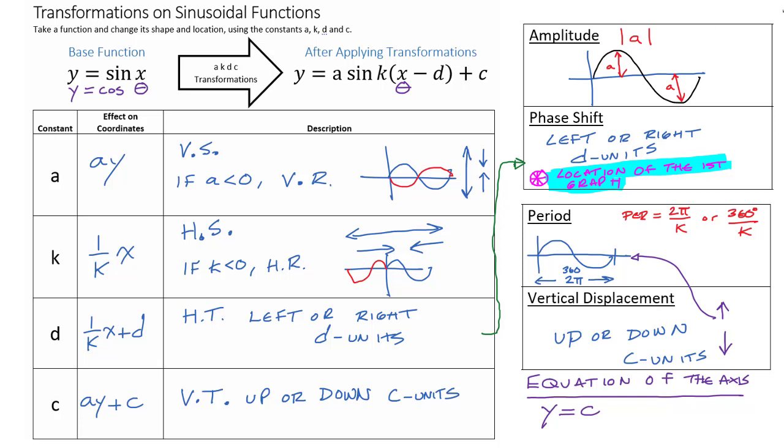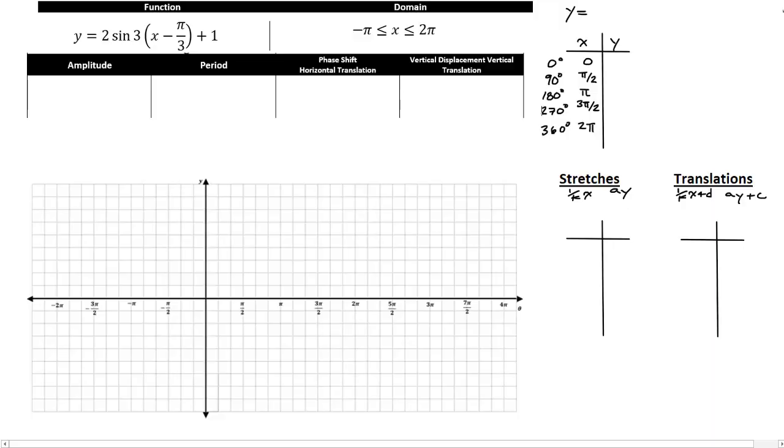Okay, so let's check it out. Let's do some examples. I'm going to walk through a few examples. And like I've been saying, it's the same transformations as before, so if you feel pretty comfortable with those, it shouldn't be a big departure from what we've done before. All right, so first, let's identify which function we're graphing. We're graphing sine, right? So I'm going to set up a table of points here.